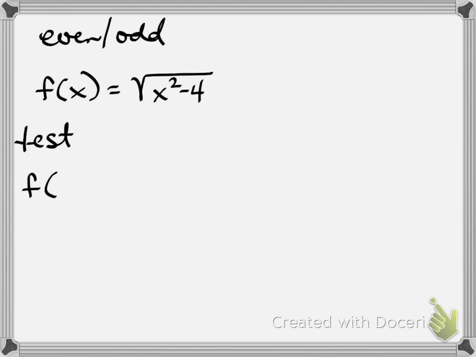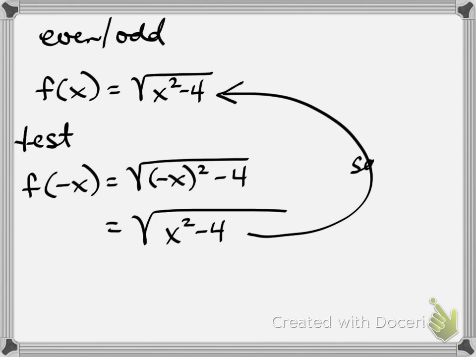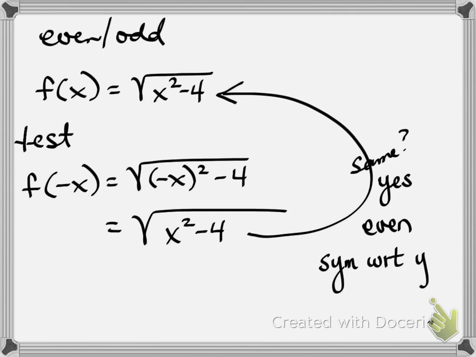Test is the same no matter what. We plug in a negative x. Be careful when you plug it in. And then when you square a negative, you get positive. And we simplify it. We compare it to the original. And we ask, is it the same? Yes. It's exactly the same. So that means it's even. It's exactly the same. It's even. Even functions have symmetry with respect to the y.